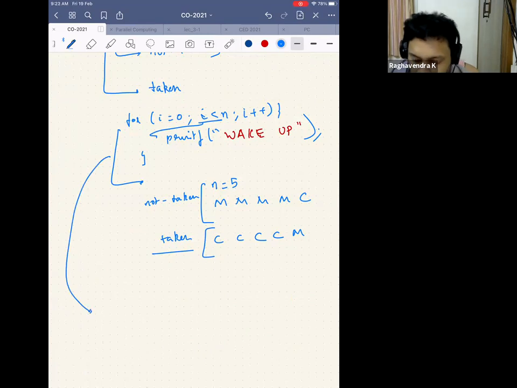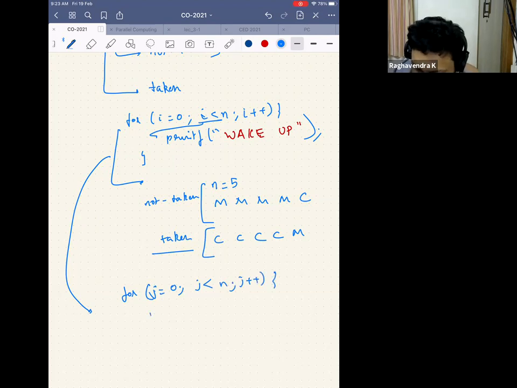Now generally this for loop is not like this. The for loop will be something like this, nested, and you are experts in writing such a piece of code.